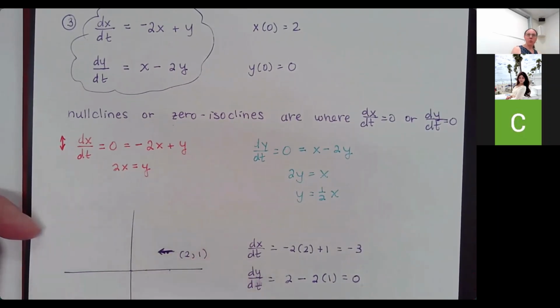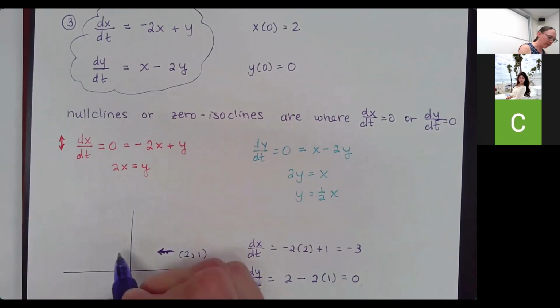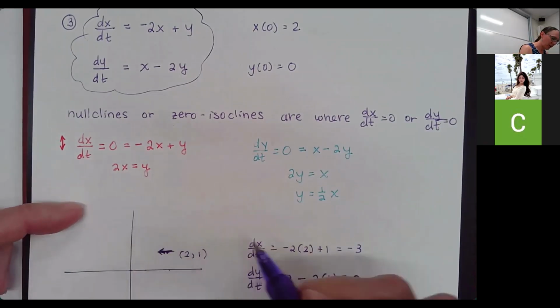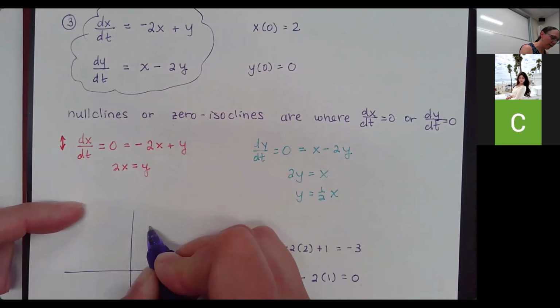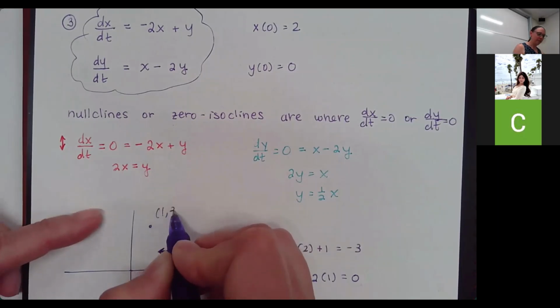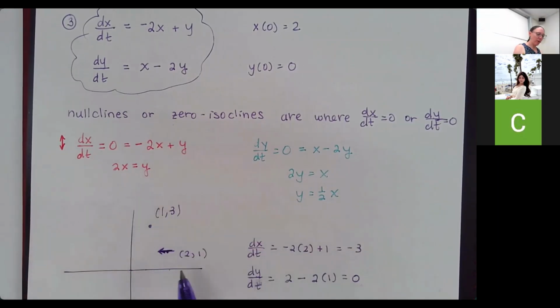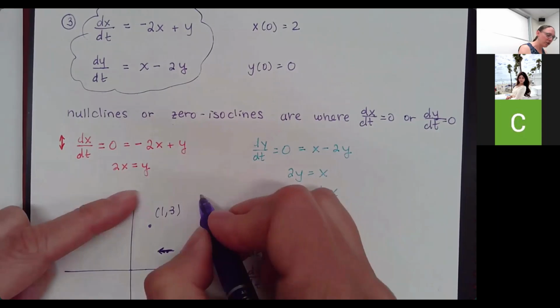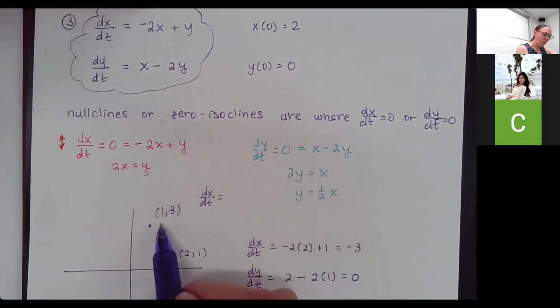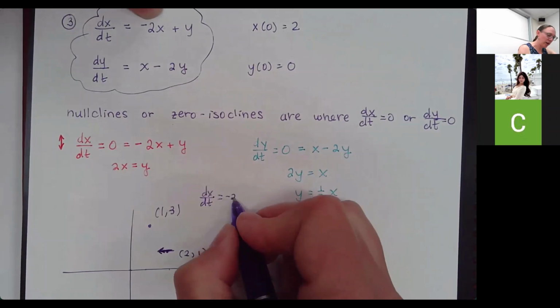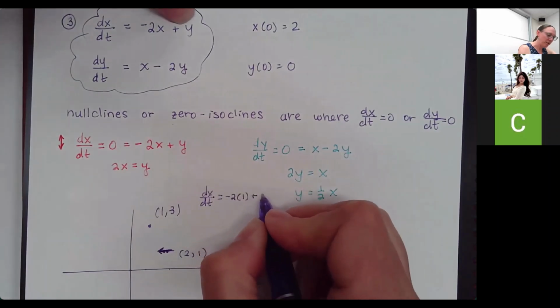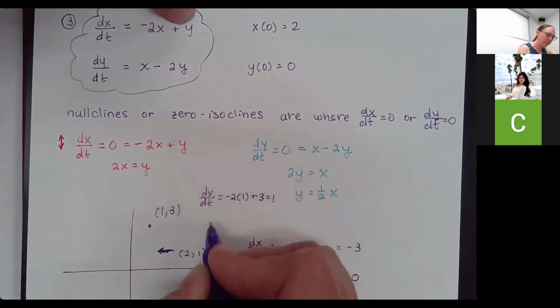And if I picked another point, like, I don't know, 1, 3, I could also figure out what my direction vector should look like. So dx dt at 1, 3 would look like -2 times 1 plus 3. So that's a +1.